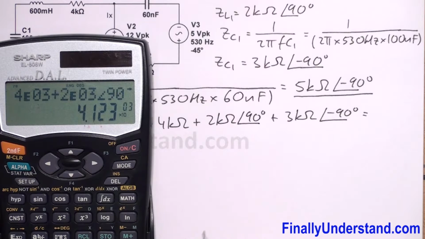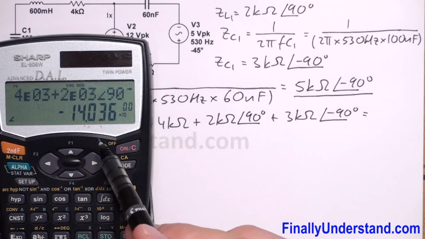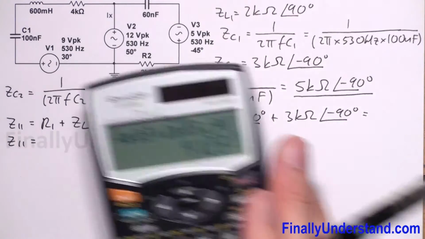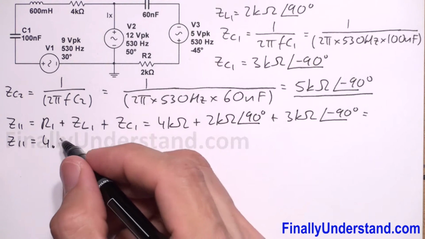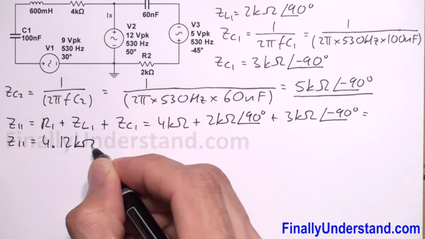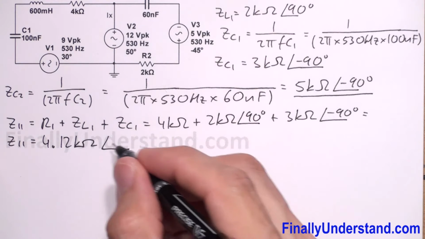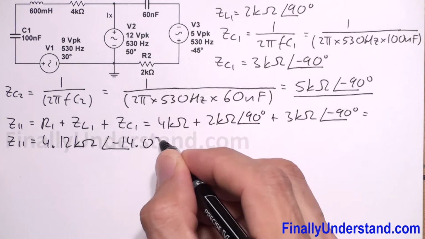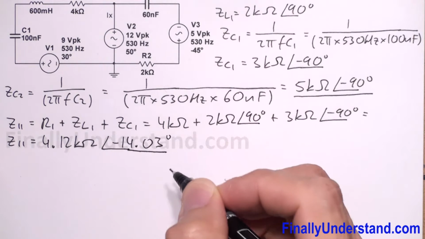This is equal to 4.12 kiloohms and an angle of negative 14.03 degrees. So this is my Z11.